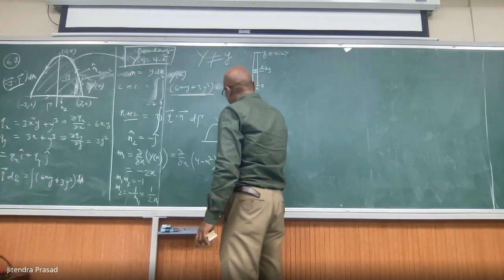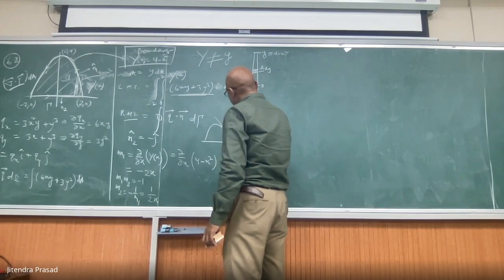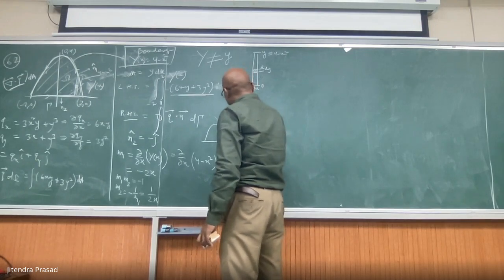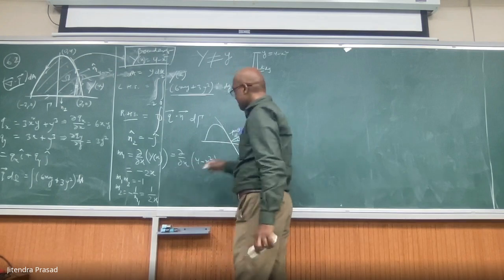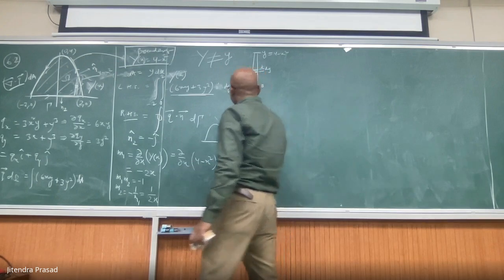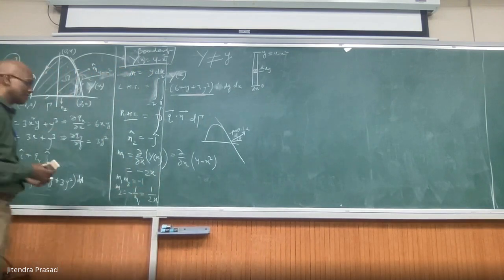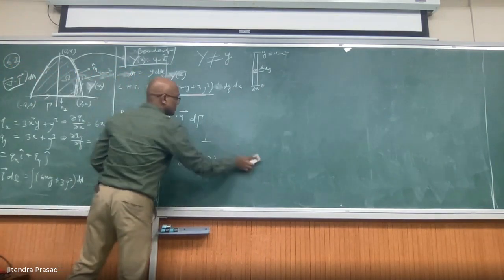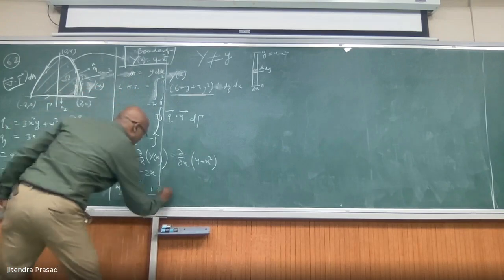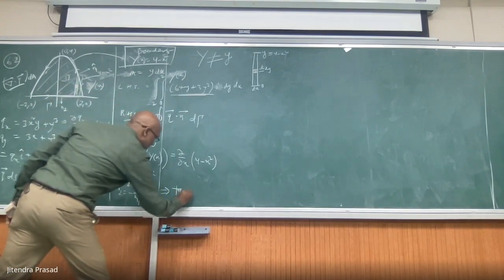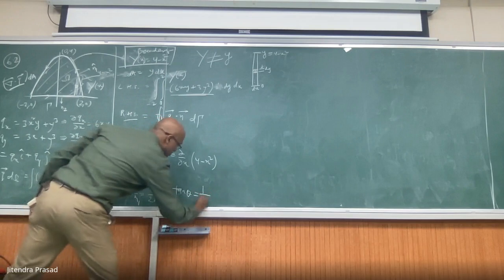So this m, or if it is theta here, so tan theta is given by 1 over 2x. That really means tan theta is equal to 1 over 2x.